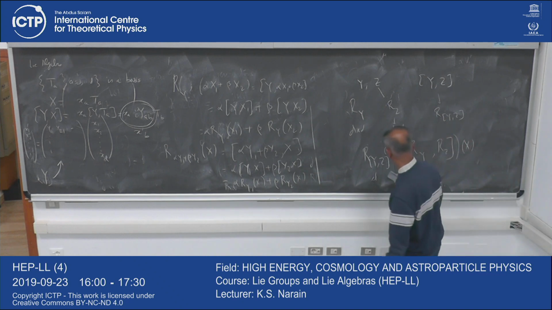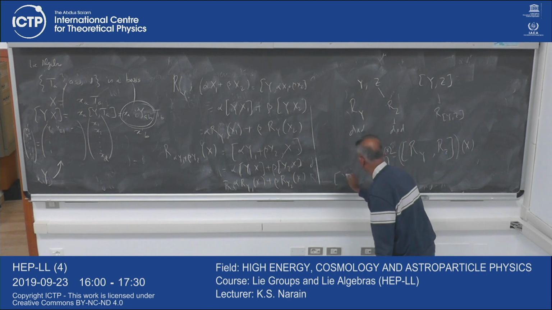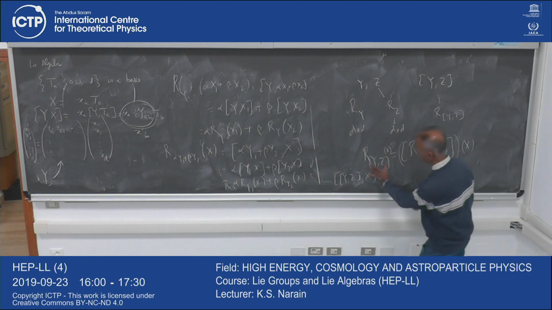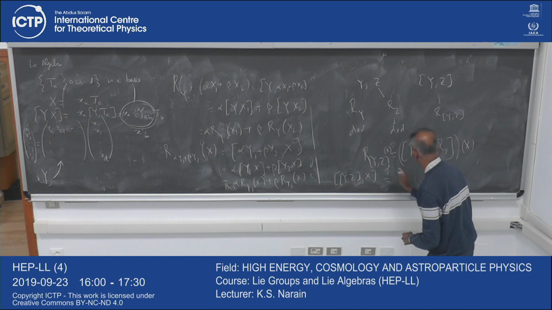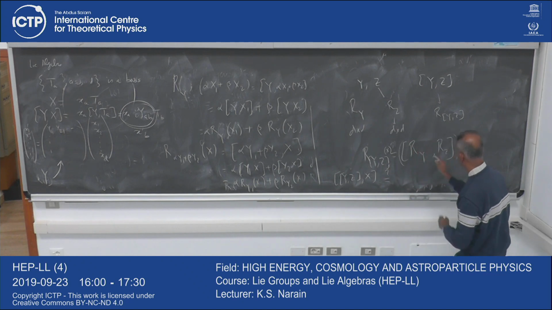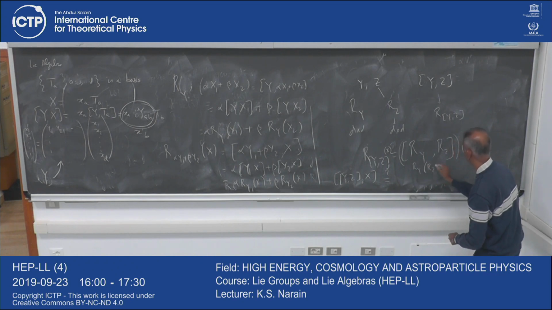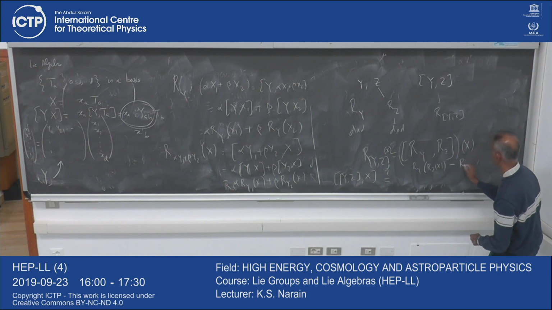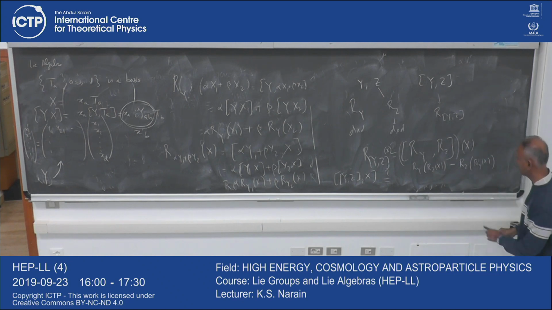So let's just do that. This object is simply the commutator of yz with x. It's just the commutator of whatever this is with that. So we want to check whether this is the same as the commutator. There are two terms here. I open it up: R_y acting on R_z x minus R_z acting on R_y x. Sorry, yes, this notation is correct.